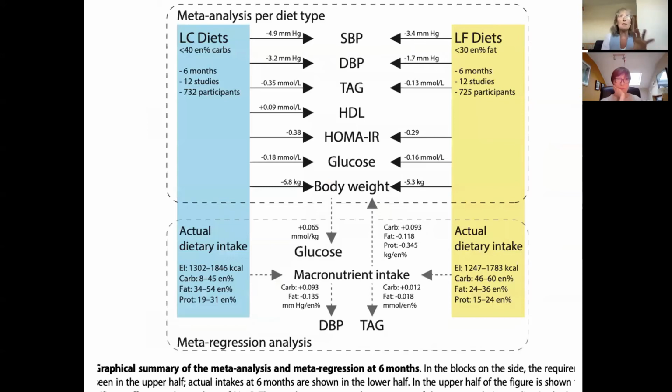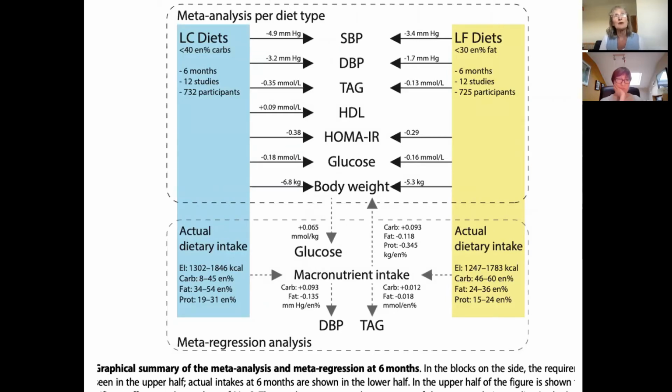This is a bit more detail, and I won't try and go through this in a lot of detail, but on the left, you'll see the low carbohydrate diets, and on the right, the low fat diets. And all those indicators in the middle, the first two are around blood pressure, then you've got the triglycerides, the HDL, the marker of insulin and glucose, and then the body weight. And in all of those cases, you'll see that the low carbohydrate diets had better improvements than the low fat diets in the metabolic markers and in body weight.